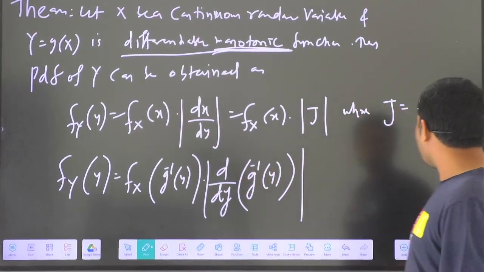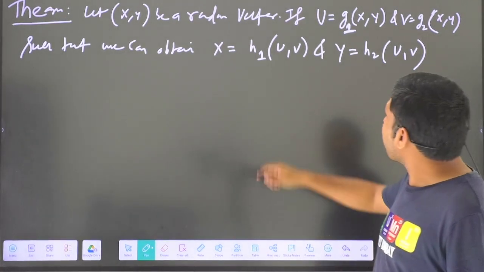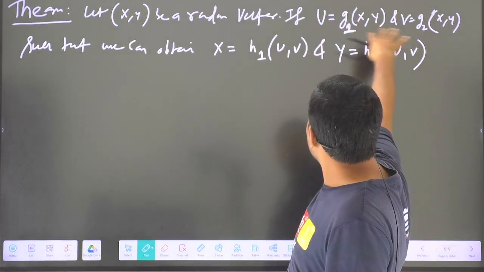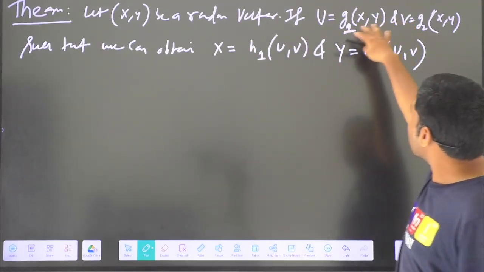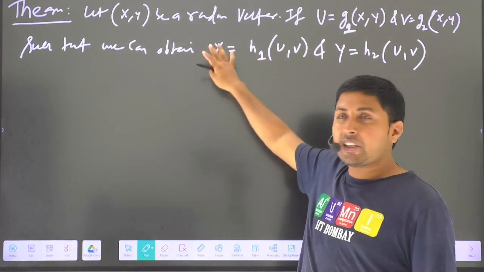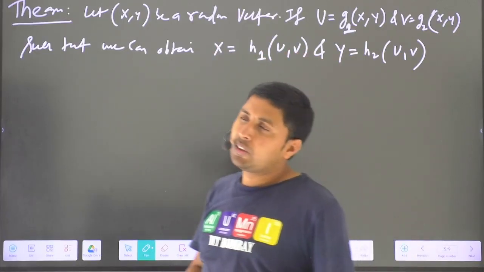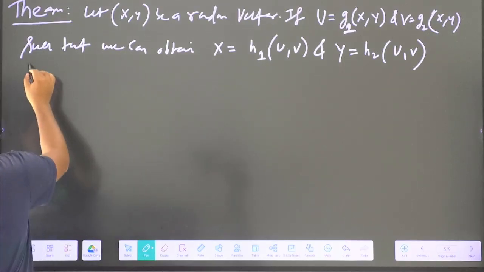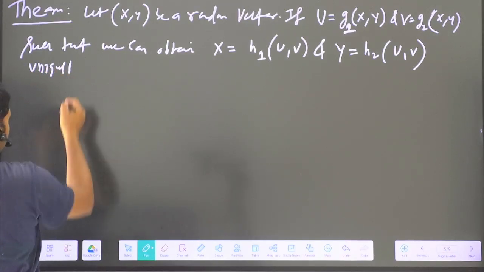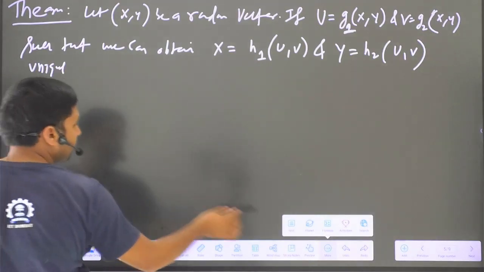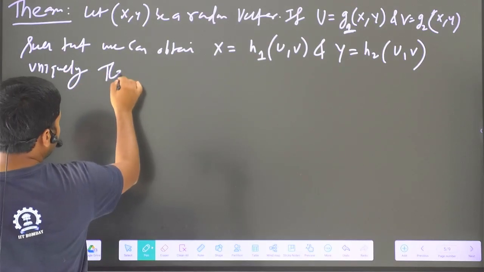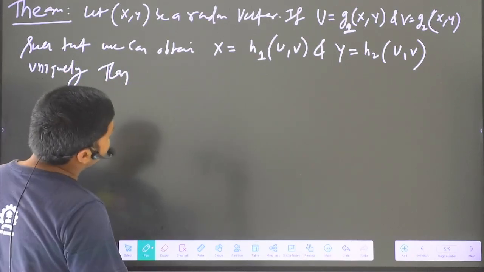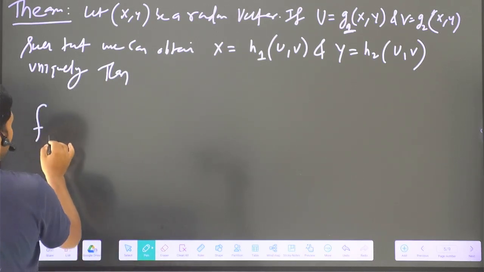So we have taken here U and V like this. Currently we have U and V in terms of X and Y. After solving these two equations, you can uniquely find X and Y in terms of U, V. There are some more restrictions, but try to understand what I want to convey.